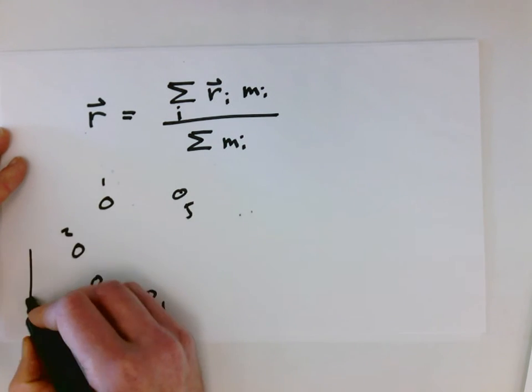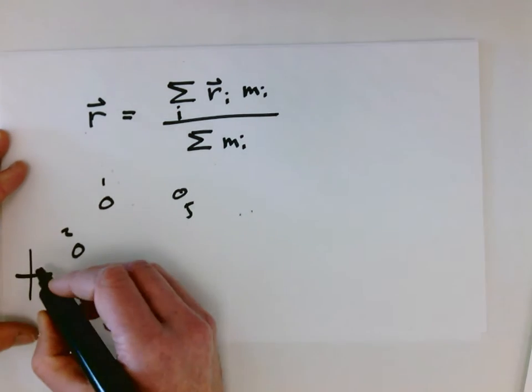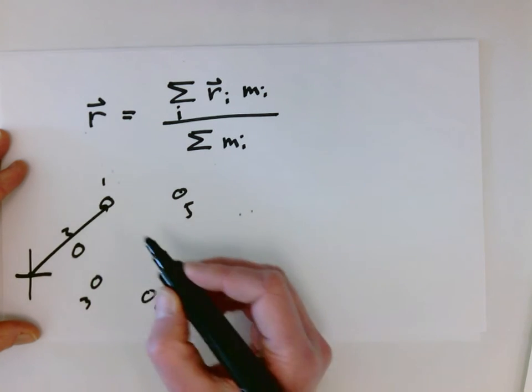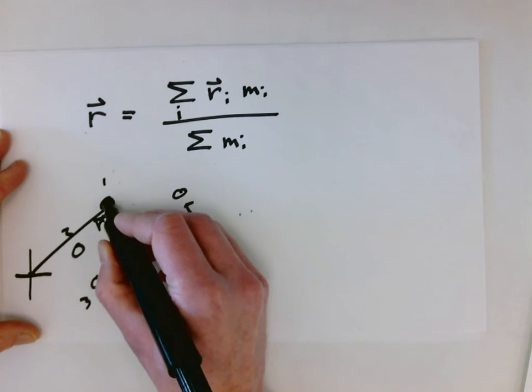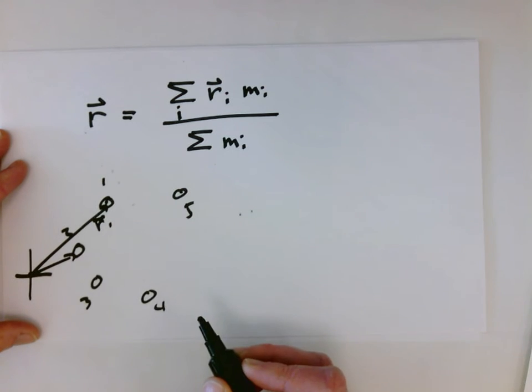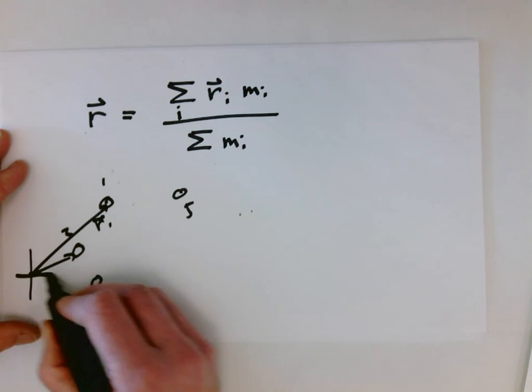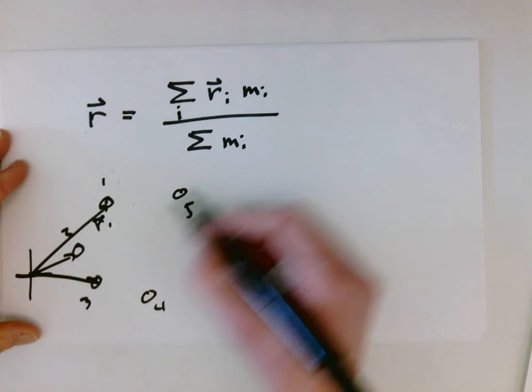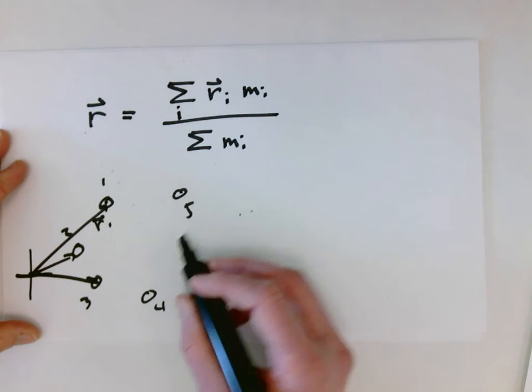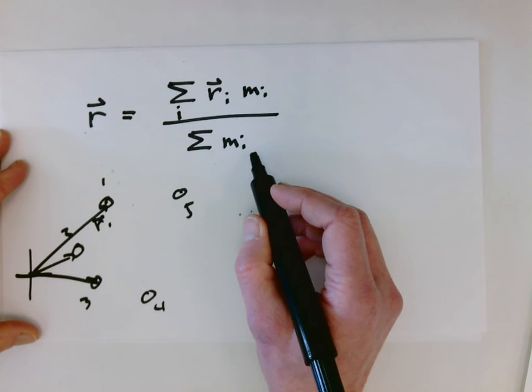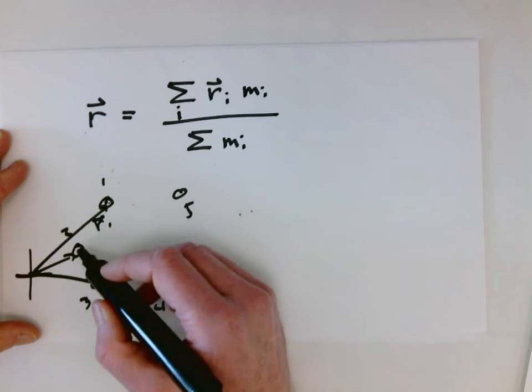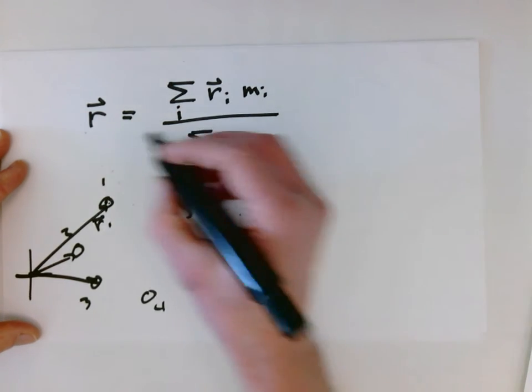I define some coordinate system, here's my origin. I take the position of particle 1, R1, times particle 1's mass, the position of particle 2 times particle 2's mass, the position of particle 3, and so on. I add all those up, which is a vector sum up top, and then I divide that by the total mass.